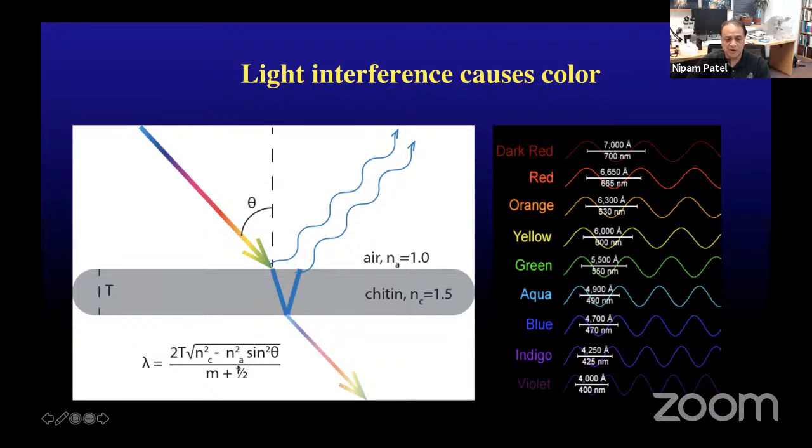And if you take out this 1/2, you would get the wavelength that undergoes maximum destructive interference. So what that means is that certain colors will be amplified and certain colors will be suppressed. And that depends primarily then on the thickness of this layer and having this high refractive index difference.